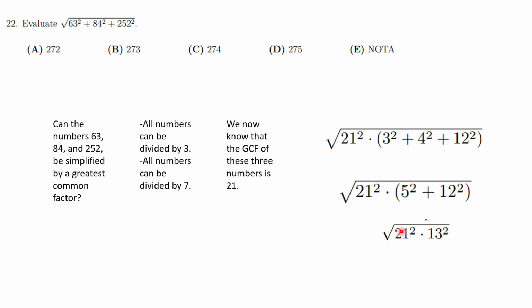Now, since we're multiplying these numbers and not adding them, we can simply find the square root of each number, which is literally 21 times 13, right? So what is 21 times 13? Well, let's find that out. After multiplying it, you will find out that we actually have 273 as the answer.